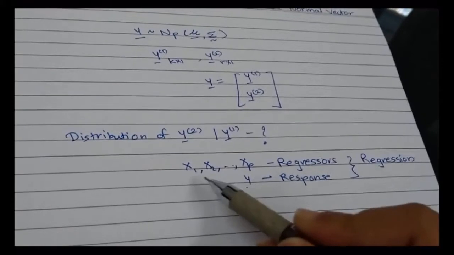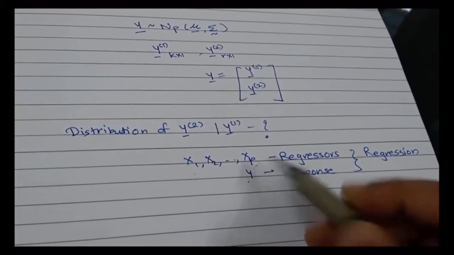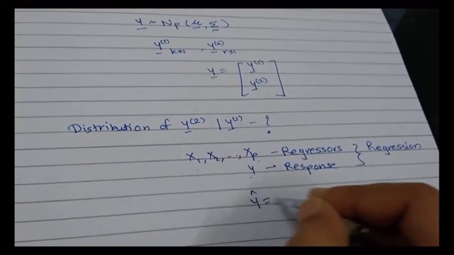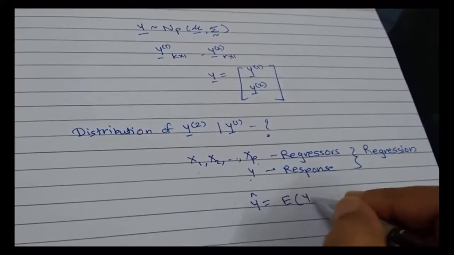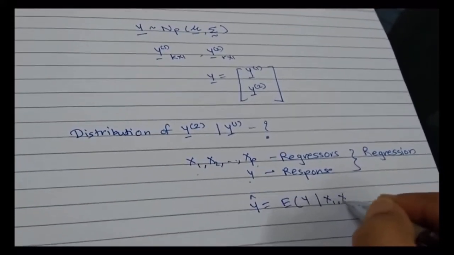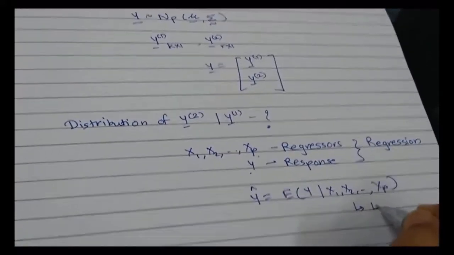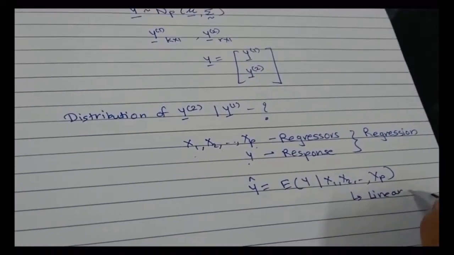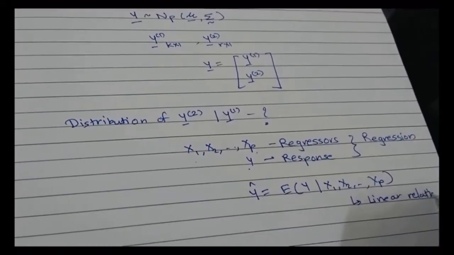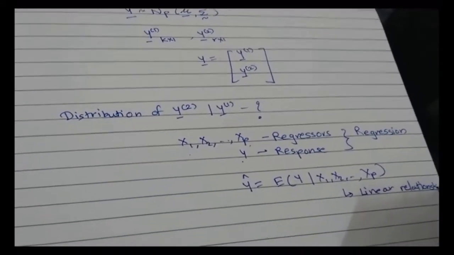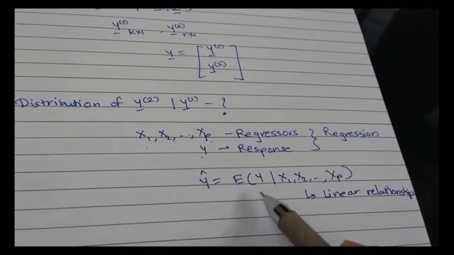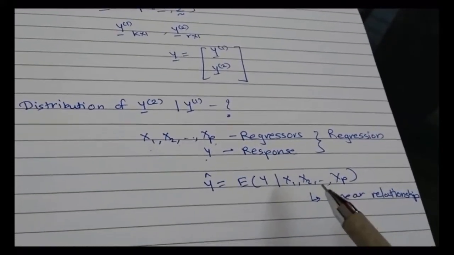In such a case, when you try to predict y using values of x1, x2, xp, you know that your prediction is actually the expectation of y given x1, x2, xp, assuming that there is a linear relationship. So what you need is actually the conditional distribution of y given x1, x2, xp.